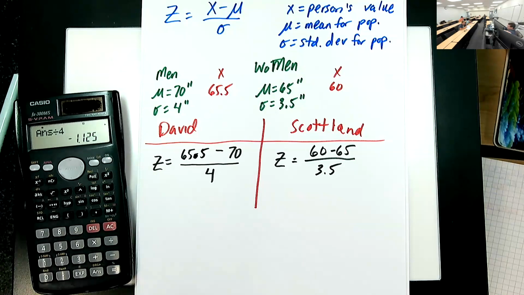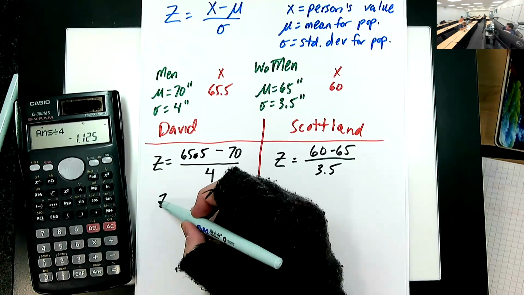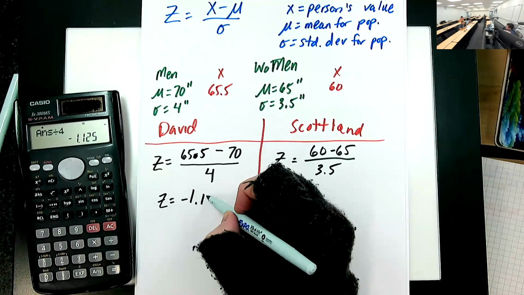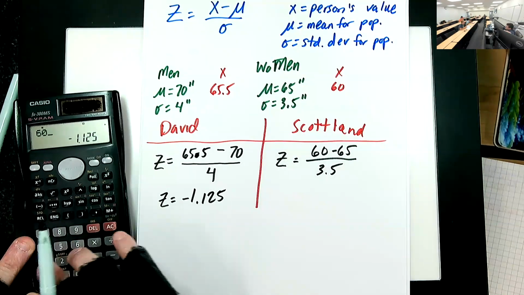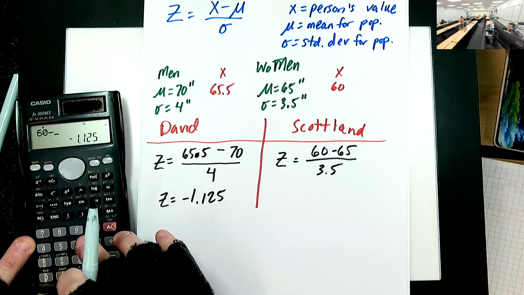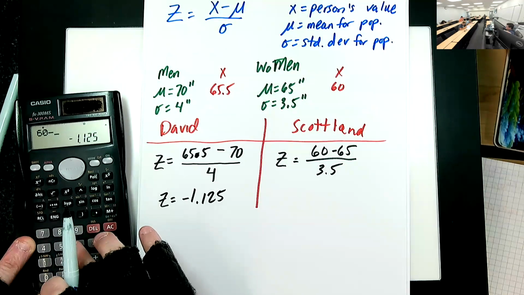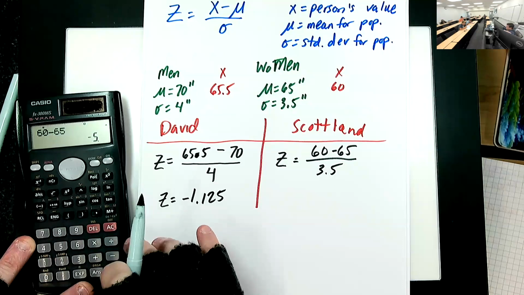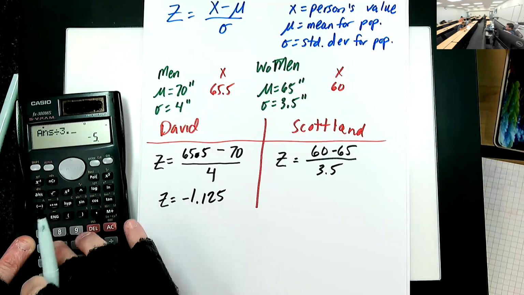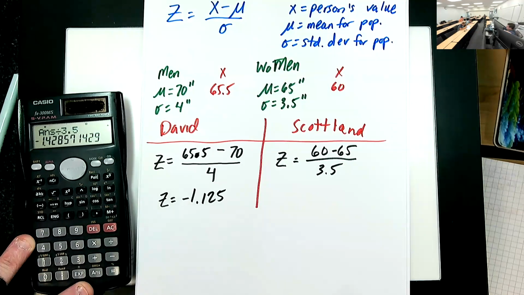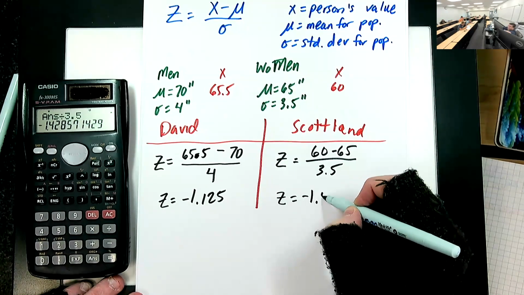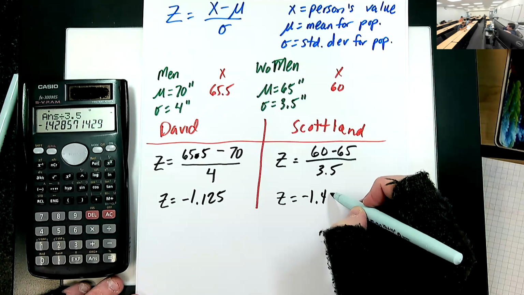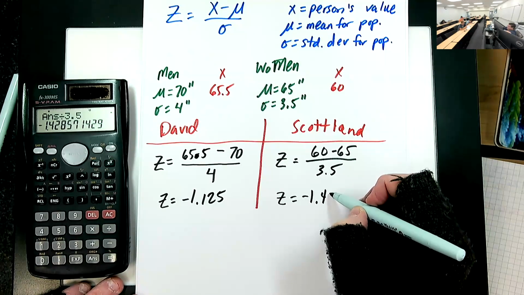My z-score is negative 1.125. Her z-score is negative 1.43. I went 3 places on mine, we'll do 3 places on ours.